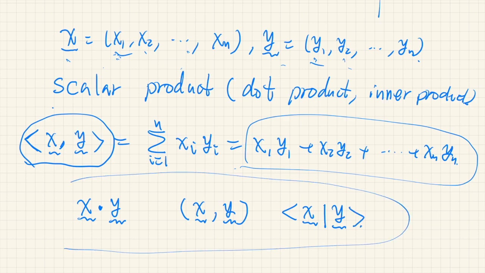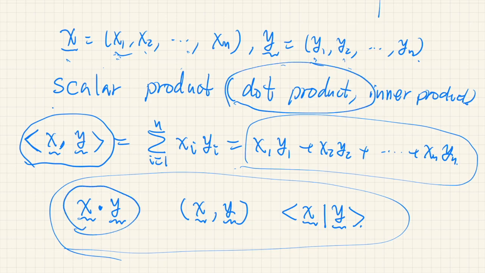So all these notations mean the same thing. It's the scalar product or dot product. So dot product, this name comes from this notation because we represent the product by dot. What's important is the result of this scalar product is not a vector, but it's a scalar, okay?